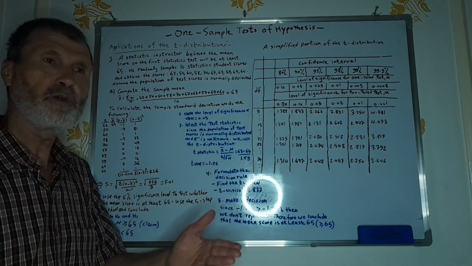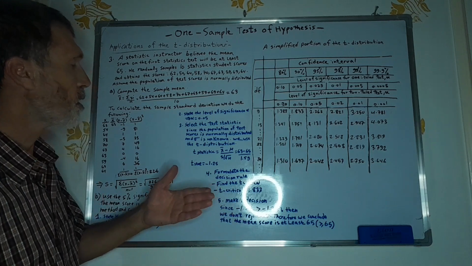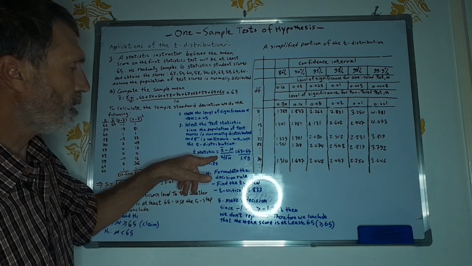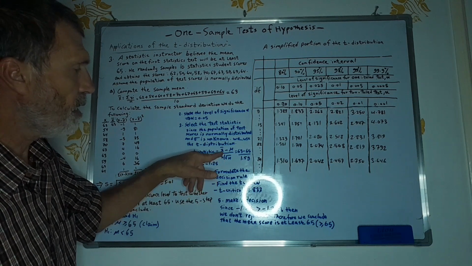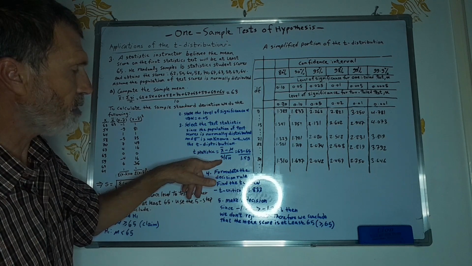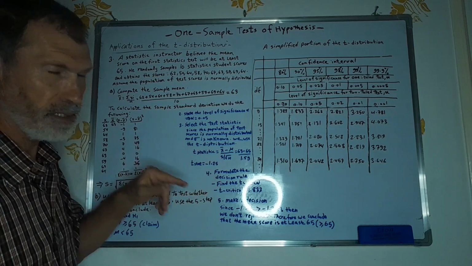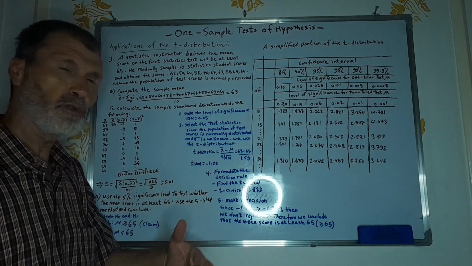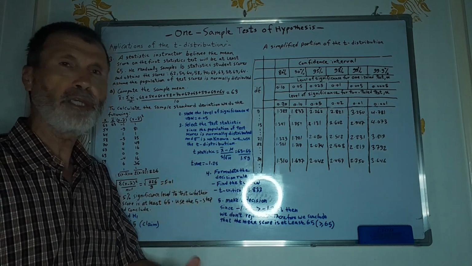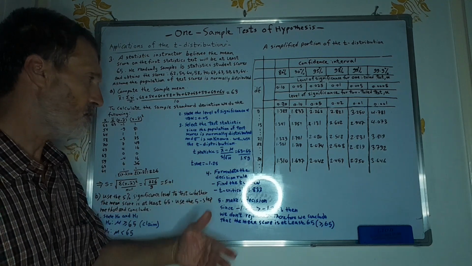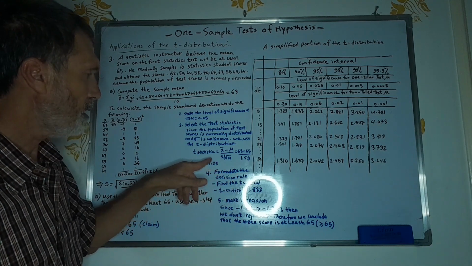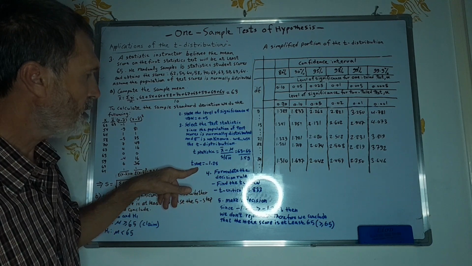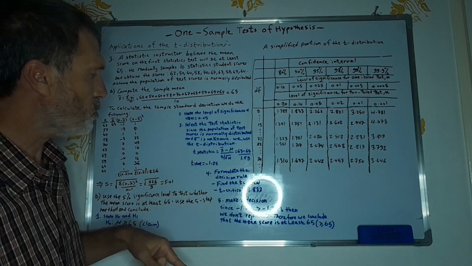Therefore, we use the t distribution. The t statistic is calculated using this formula, x bar minus mu over s over root n. Of course, s is the sample standard deviation, which is used to estimate the population standard deviation, and when we plug in the numbers, we come up with t stat equal to minus 1.25.